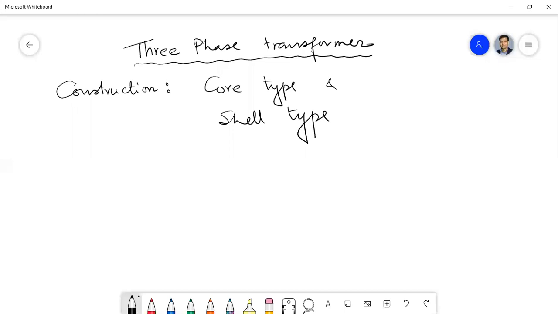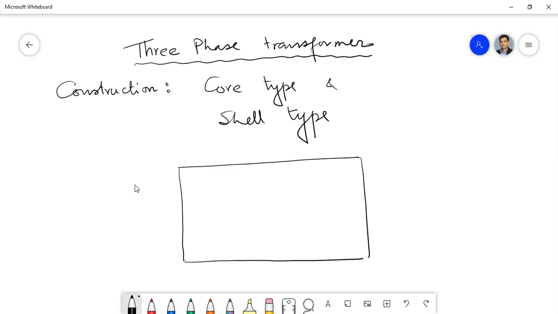Okay, so let me draw the three limb core type transformer, which I am drawing here right now.